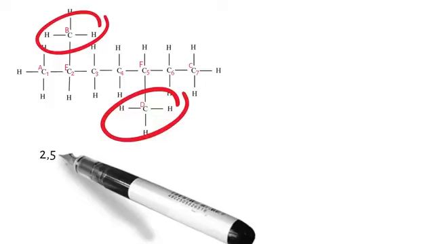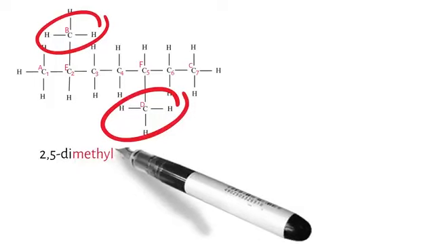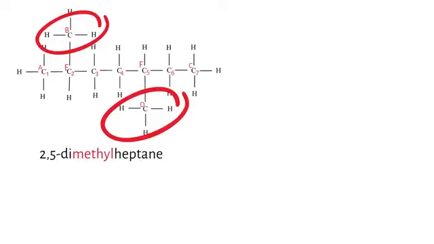The 2 would indicate carbon number 2, the 5 would indicate carbon number 5, and then hyphen, di, methyl, and di means 2. So it's dimethyl because both the branches are methyl branches. And it's what structure? Heptane, because it's got 7 carbon atoms on the longest chain.